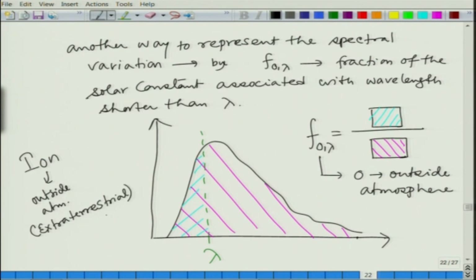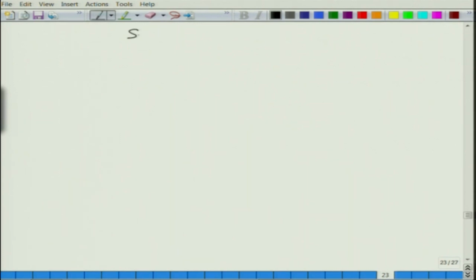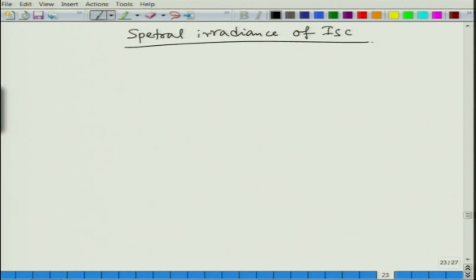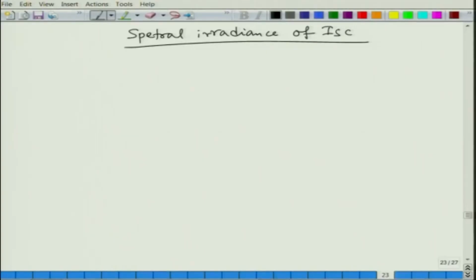Here also it means extraterrestrial, and lambda is for this particular lambda. Okay. So, now if we want to specify this spectral irradiance of ISC, because too many variables we cannot handle. So, that is why we have taken the solar constant only, which is outside atmosphere, okay, and we will now see what is the spectral variation for the same.